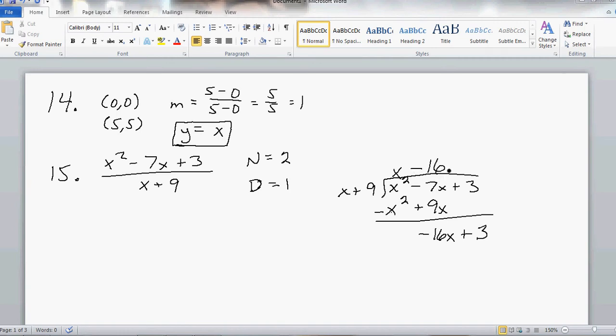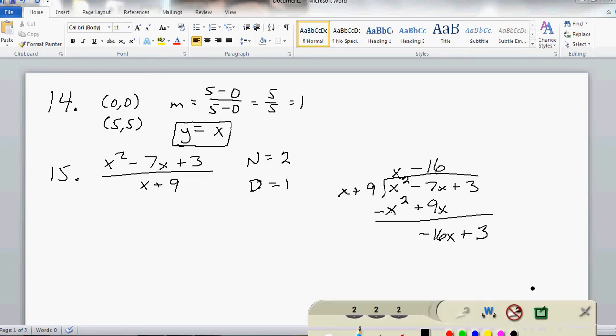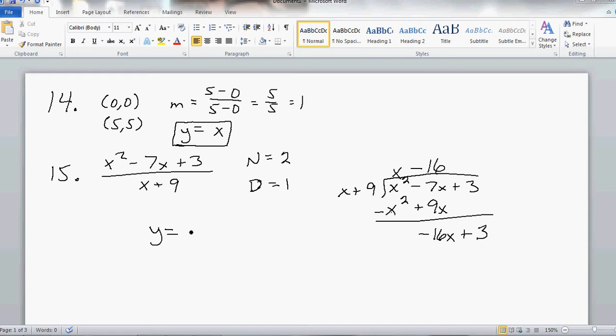And realize once we get this, everything else that's left is just the remainder, and we really don't need to worry about the remainder. Once we get to a constant, in other words, no variables, then we can stop. Our final answer is y equals x minus 16. That is the oblique asymptote.